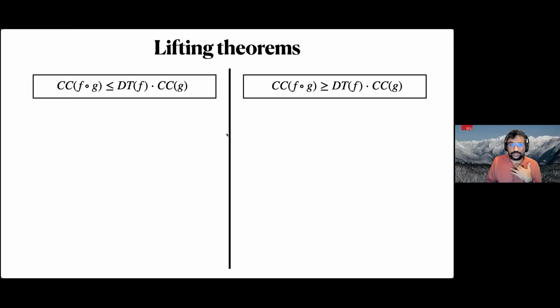Okay. The lifting theorems are usually proved using a two-part recipe, one of which is an easy direction and one a hard direction. I also did not define communication complexity formally, because we will be talking about both deterministic and randomized communication complexity.